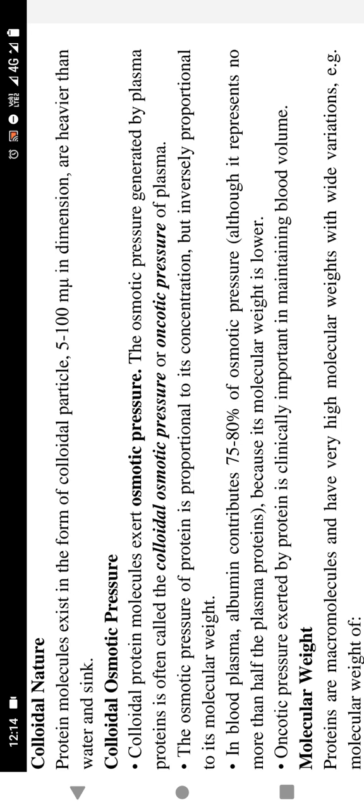This pressure accepts the water and retains the water inside of blood capillaries. That is the duty of that pressure.